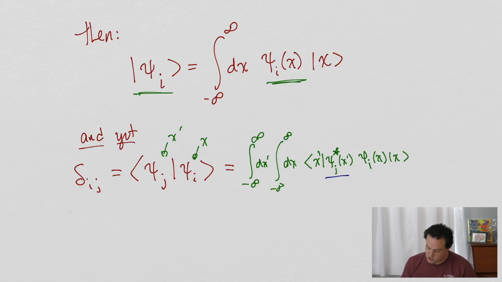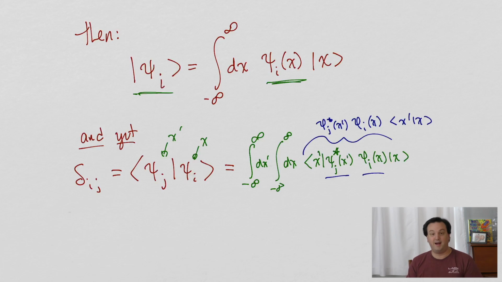Well, my two wave functions are just numbers, right? They're not operators. And so what happens to this thing is that I end up with psi j star of x prime times psi i of x times <x prime|x>. Ha ha! Those are independent, right? Not only are they independent, but I know that this thing has to be equal to delta of x prime minus x.